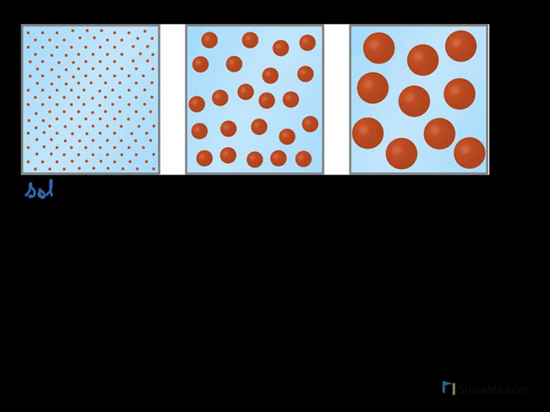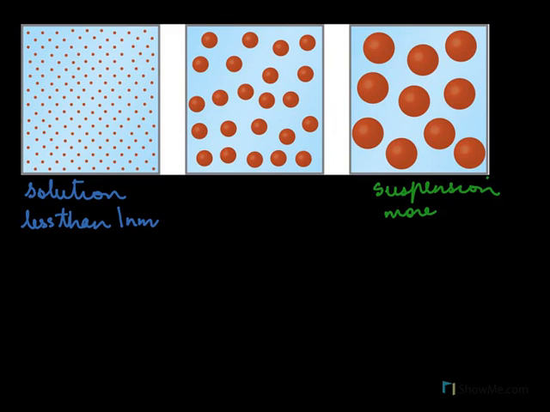We have solutions, where the particle size is less than 1 nanometer, and here we have the suspensions that we just learned, where the size of the particle is more than 1,000 nanometers.